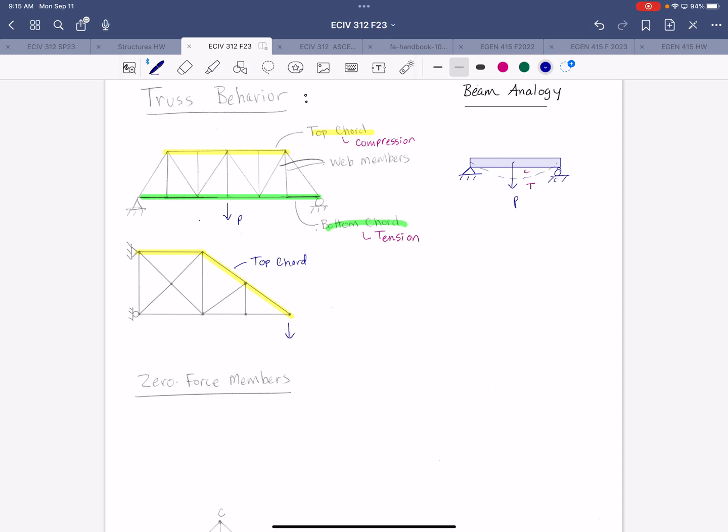If you were to apply a force acting downward on this truss, the behavior would be analogous to a cantilever beam with an applied load acting downward. In a cantilever beam, you're going to end up with compression in the bottom fibers and tension in the top fibers under such a load condition. So now your top chord is in tension.